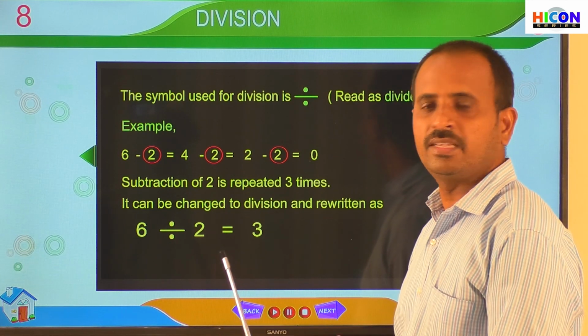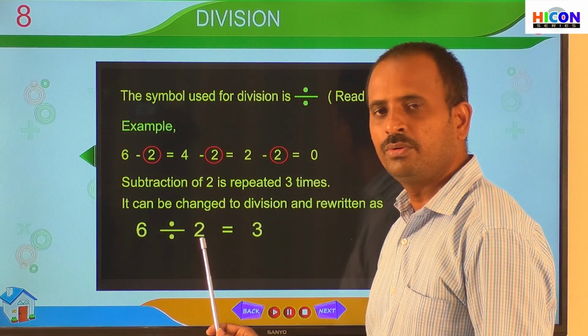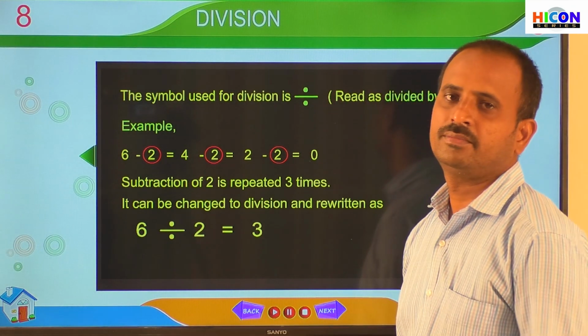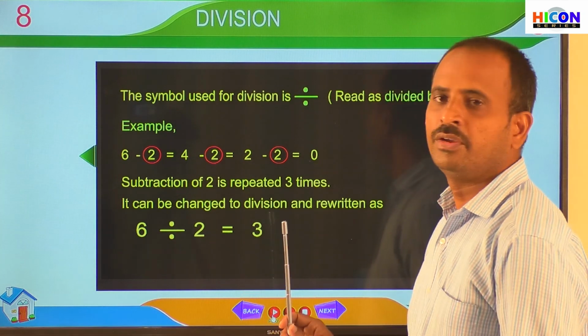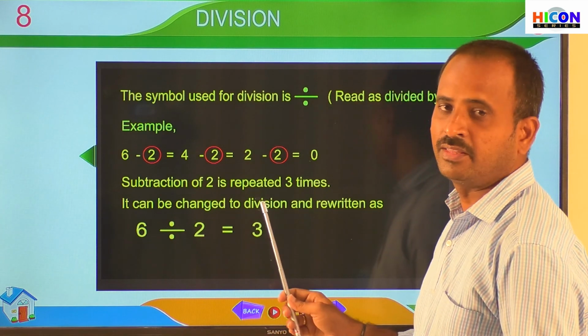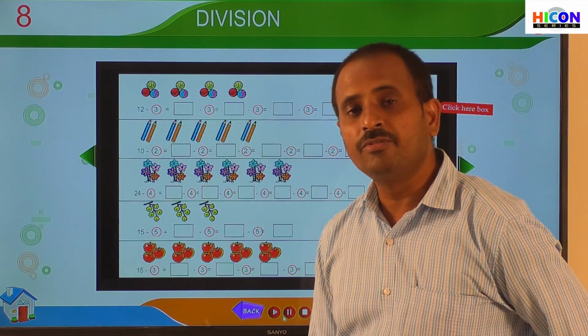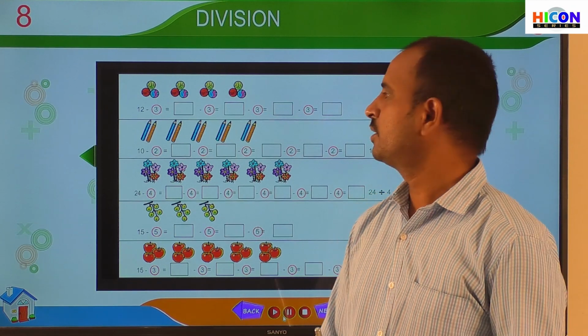In this way, we can convert repeated subtraction into division, and we use the symbol divided by while writing division.